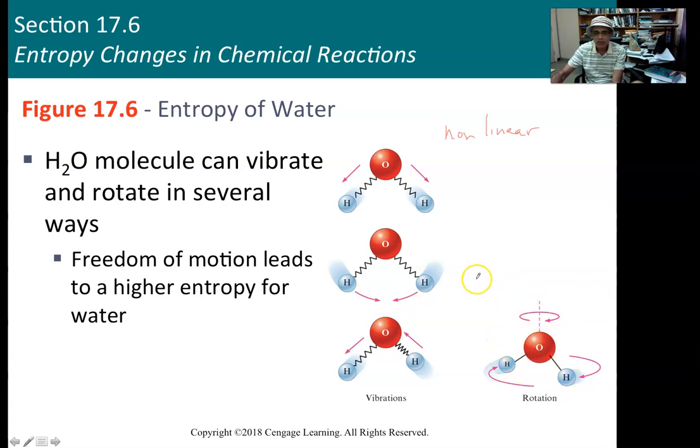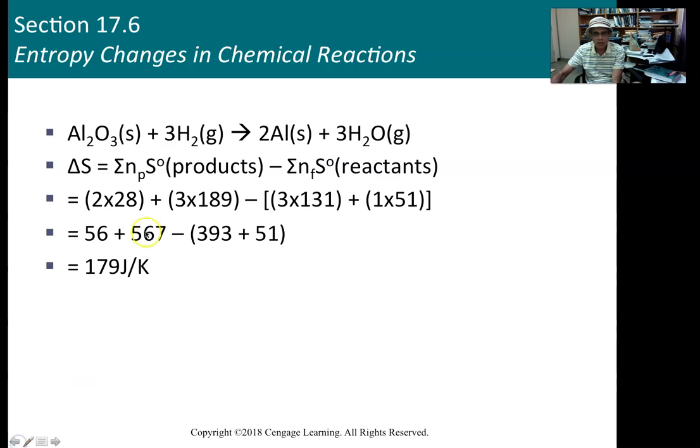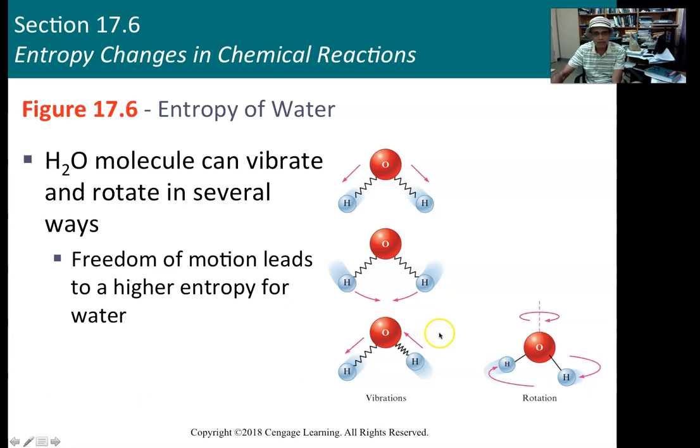So with all these degrees of rotational or translational modes, that gives rise to the increase in entropy. Although we don't see that very clearly from here, if you look at the molecular level, this is explained by the number of molecular vibrations that are happening in the water molecule. So freedom of motion leads to a higher entropy for the water molecule.